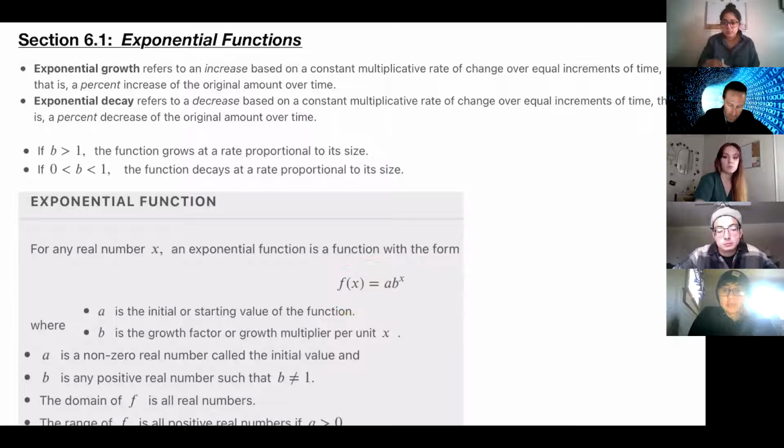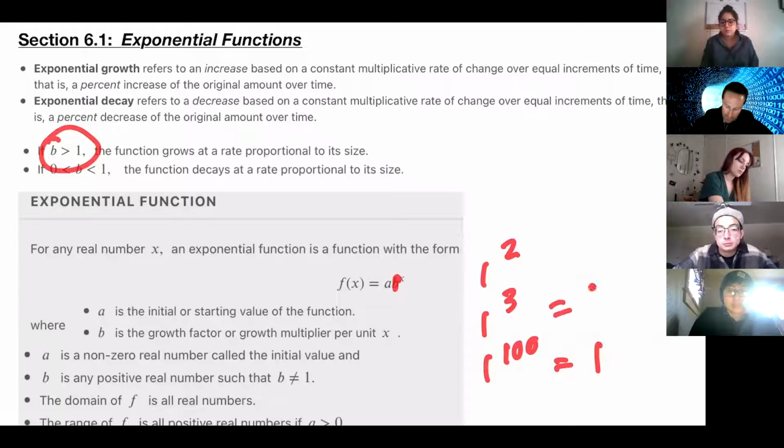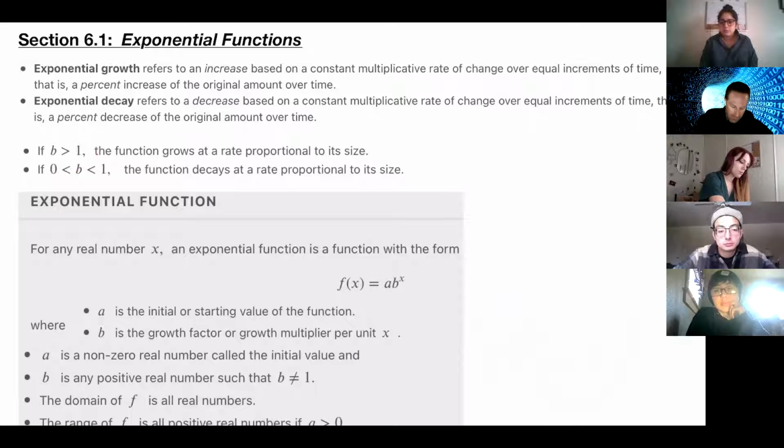And how are we going to know if it's growing or not? Well, if it was 1, then it wouldn't change at all, because 1 squared, 1 cubed, 1 to the 100th are all 1. So that's the one that we're going to gauge the growth versus decay on. And if it's bigger than 1, then obviously it's going to double, it's going to triple, it's going to quadruple, it's going to grow.